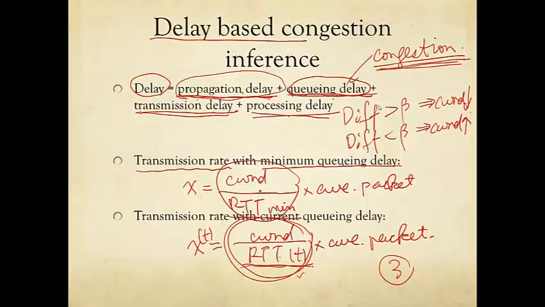Now, what about if the difference is exactly equal to this threshold beta? Then you say, well, this beta is basically telling you how many packets you can tolerate to be in flight between the source and the destination.